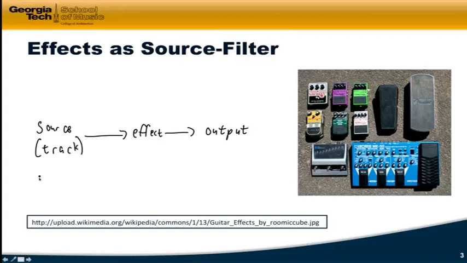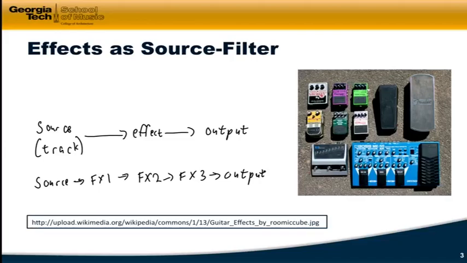So you can imagine a chain would look more like this, where we would have our source, our track, going to our first effect, then the output of that going to the second, and then going to the third, and so on and so forth, and then eventually going to the output. What the effect does is really anything you can imagine. It could be distortion, it could be reverb, it could be changing the volume or the panning of the sound. It's a very general notion of somehow transforming that sound.